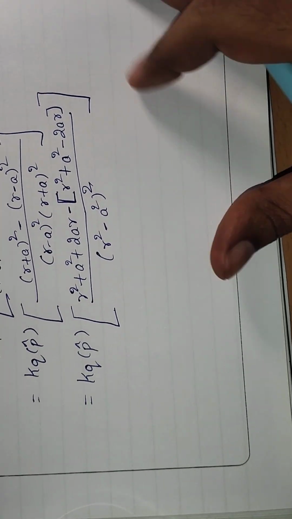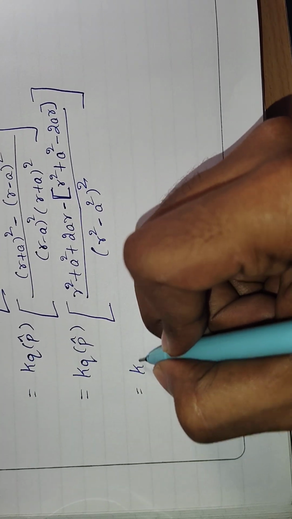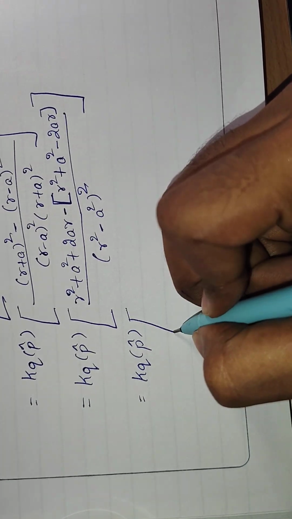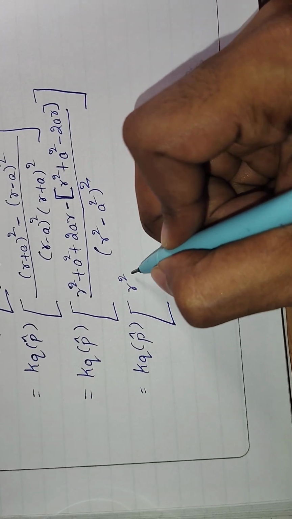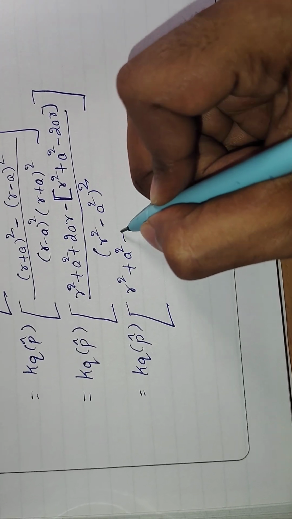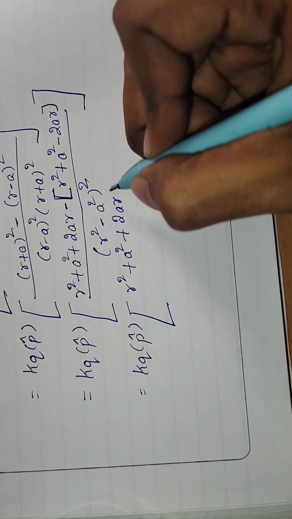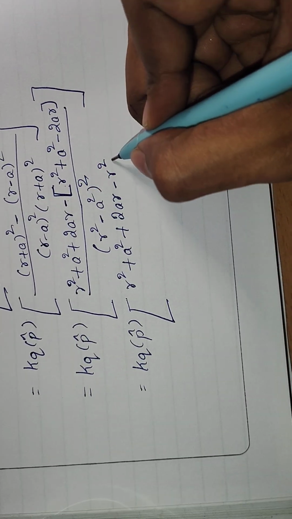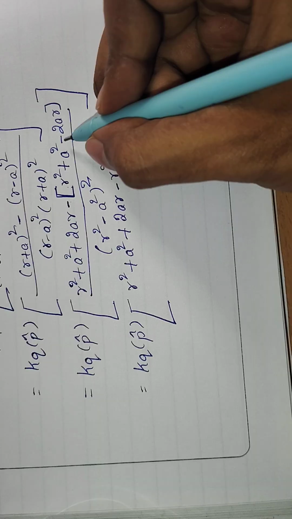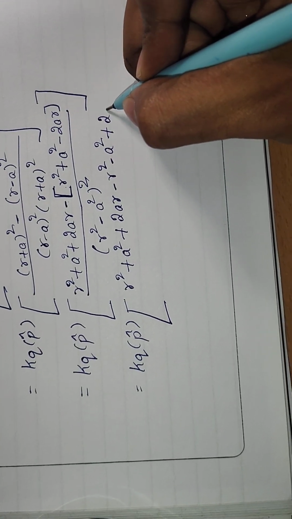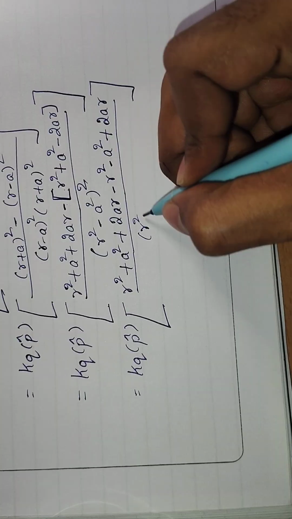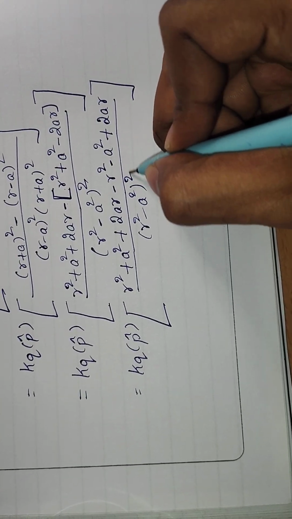Now next, kq into p cap is nothing but, simplify now, r square plus a square plus 2ar. Now minus into plus, minus r square, minus into plus, minus a square, minus into minus, plus 2ar. In the denominator you have r square minus a square whole square.